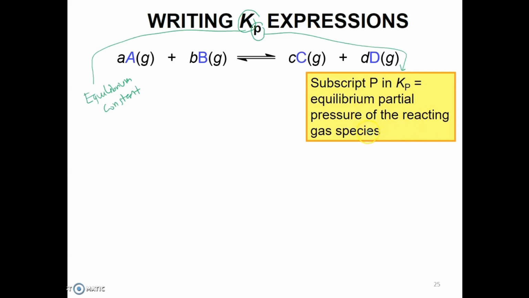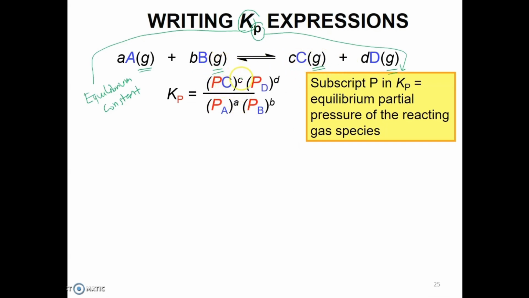And please take note that only the species which is in the gaseous phase will be involved in the Kp expression.